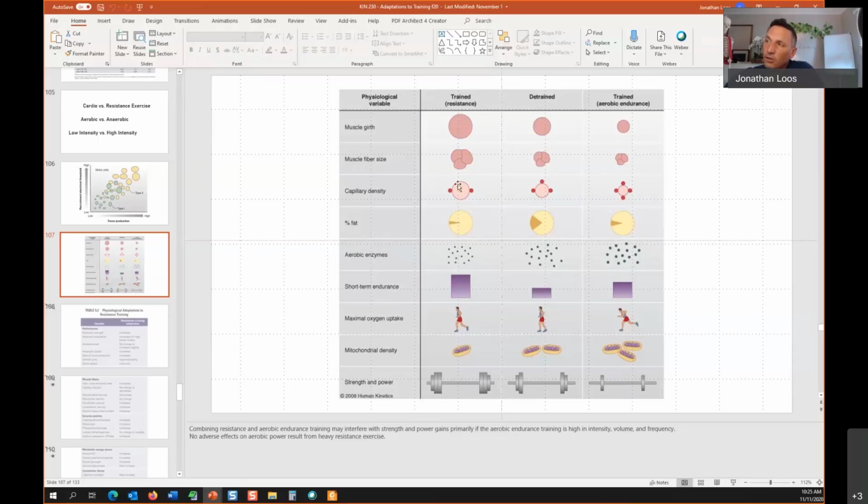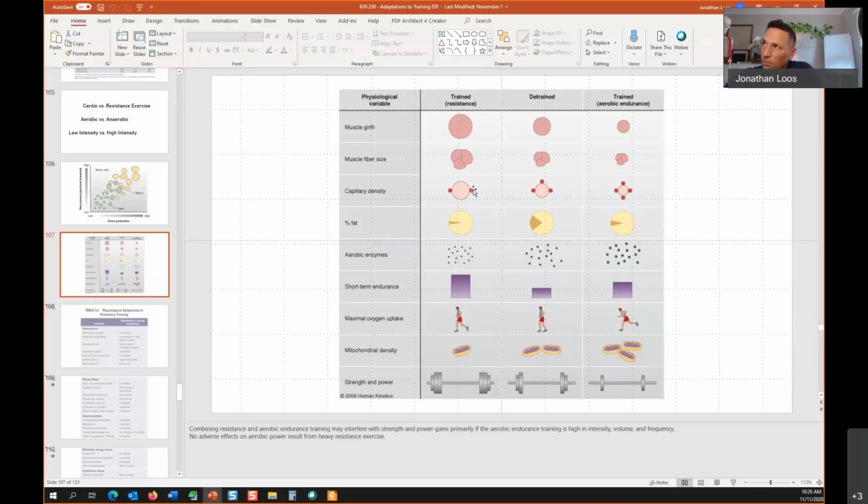where you have this confusion that it looks like you're losing capillaries or losing mitochondria, right? Here's your sedentary individual, and it appears that when you start doing resistance training you actually lose mitochondria or you lose capillaries, right? You go from 3 to 2 or from 2 to 1. But what's happening is you're not actually losing capillaries. You are gaining capillaries and you are gaining mitochondria.